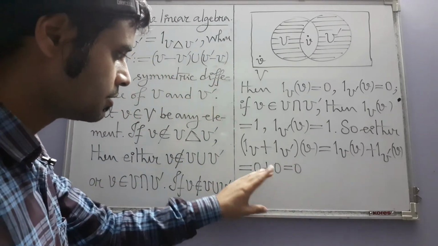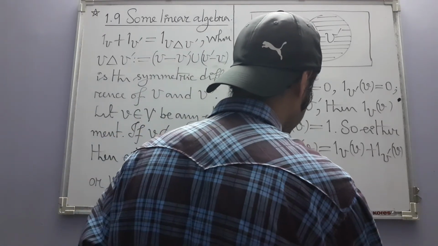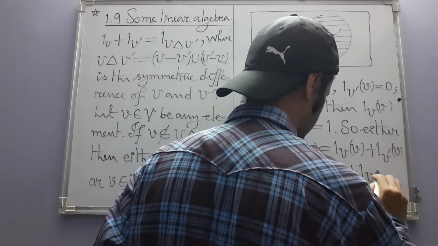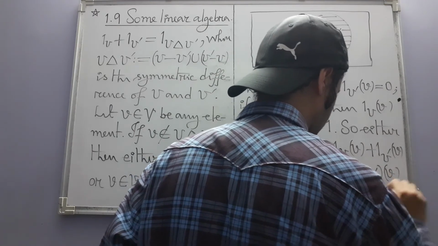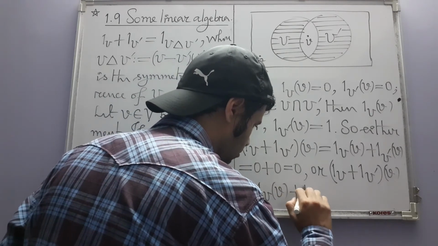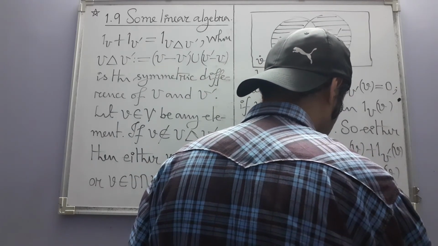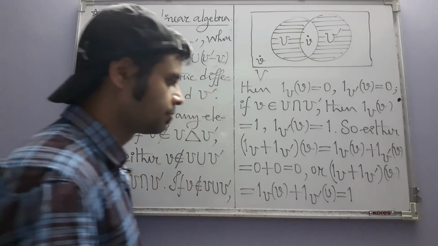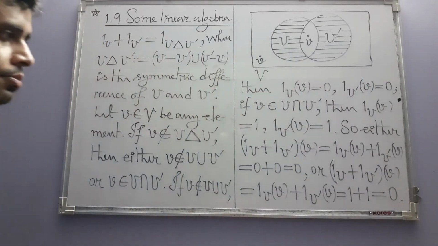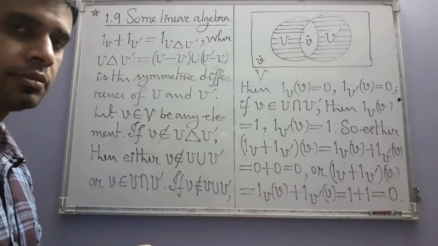Keep in mind, this 0 is your field element 0 in F2, not ordinary 0. Or in this case, both of them are 1. However, in our field of two elements, 1 plus 1 is actually equal to 0. So in both of the cases, the value of this at phi is 0.